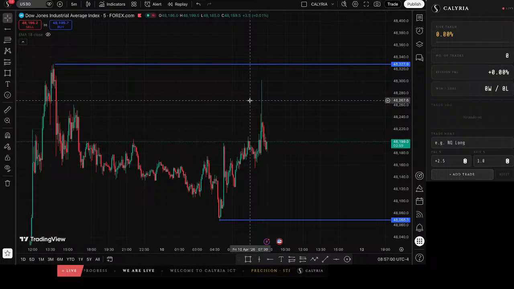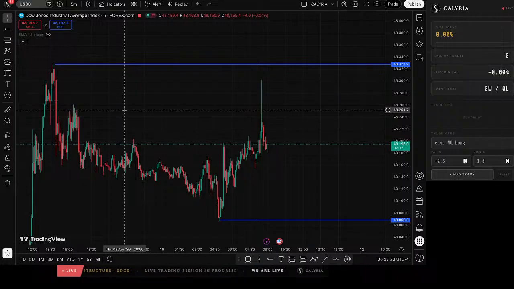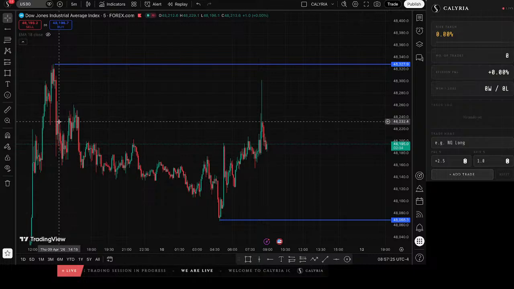So this is what Claria is, and that's why I show things in the ICT way so you can understand. But these are just the points that I want you to know. Anyway, I will tell you my concepts in ICT ways so you can understand, because I imagine everyone knows about the gap between this and this, which is FVG.